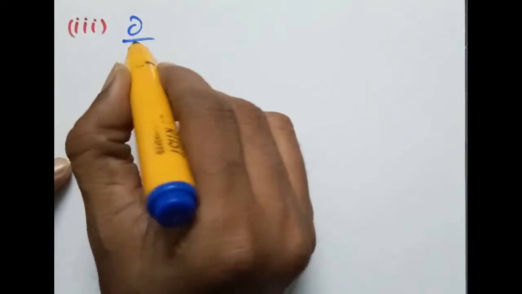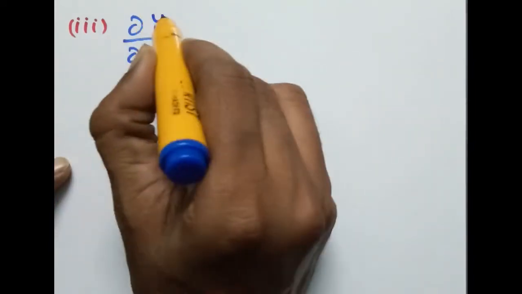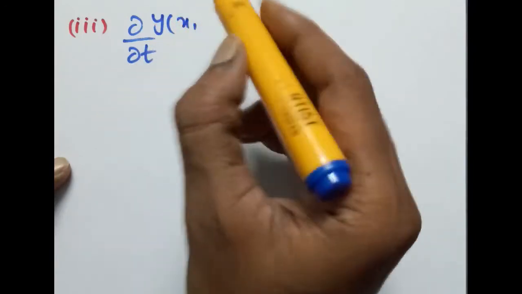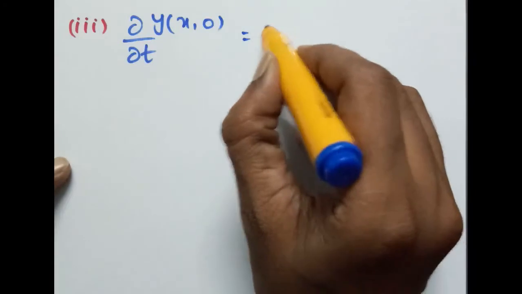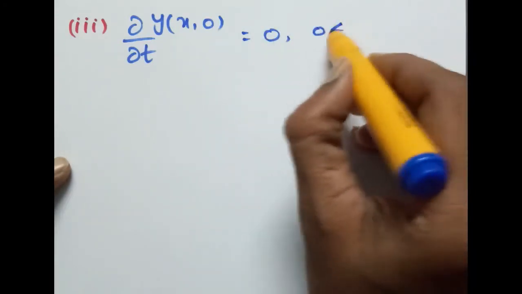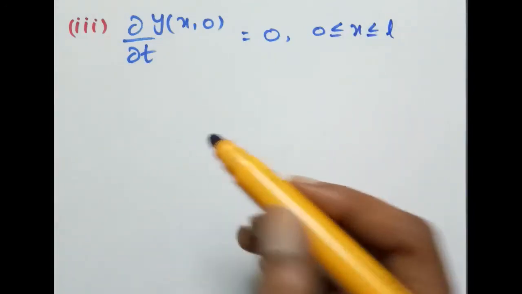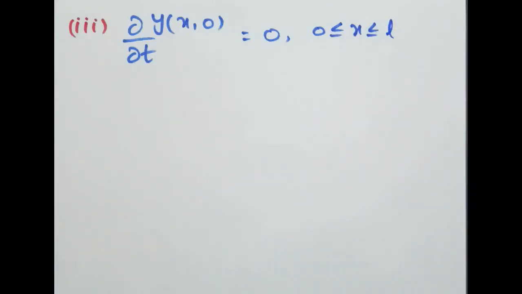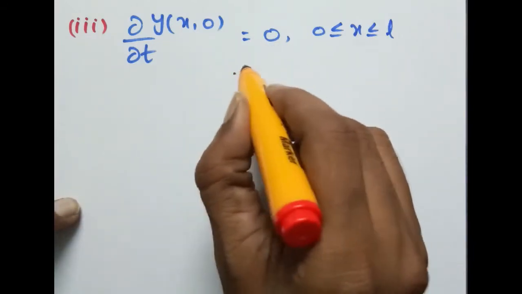Dou by dou t of y of x comma 0 equal to 0 for all 0 less than or equal to x less than or equal to L, since initial velocity is 0 in the string.